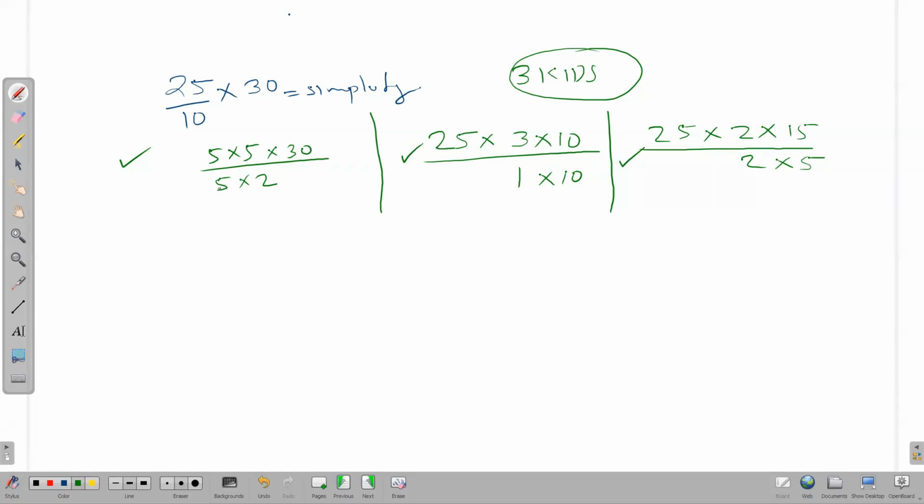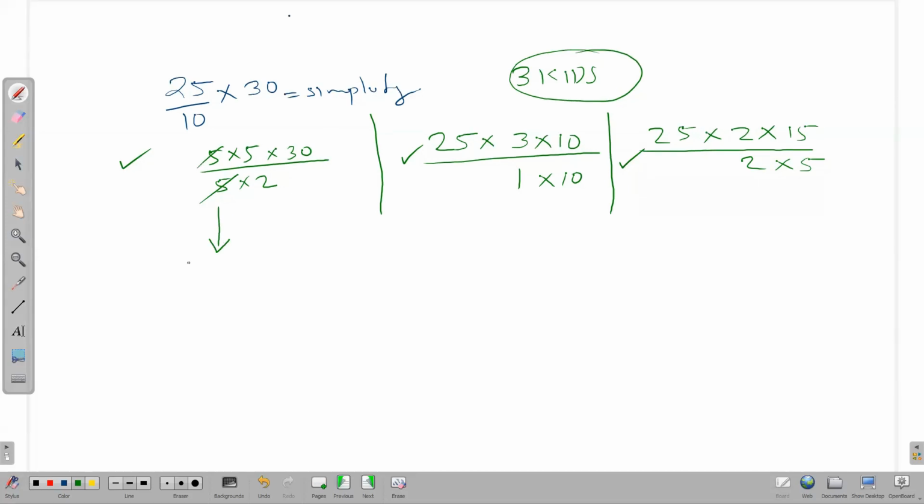Now, cutting. What can this kid cut? He can cut 5 and 5. Then he will have 5 times 30 divided by 2. And this kid can cut this 10 and this 10.